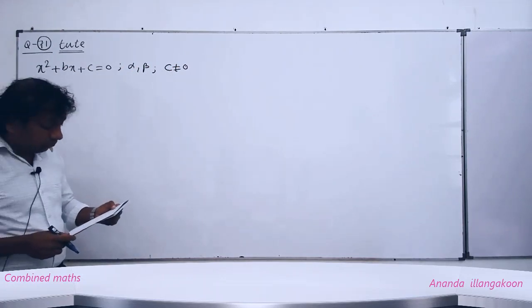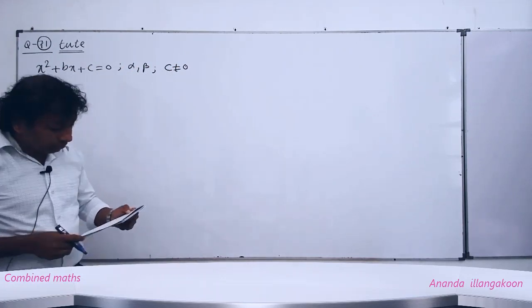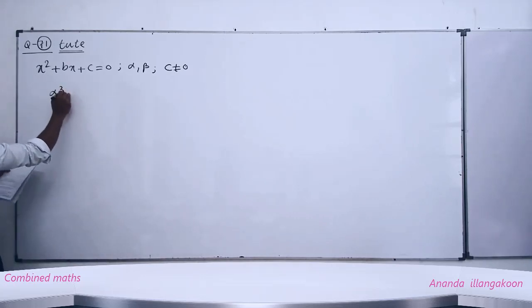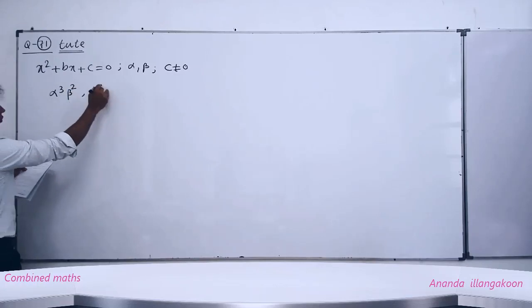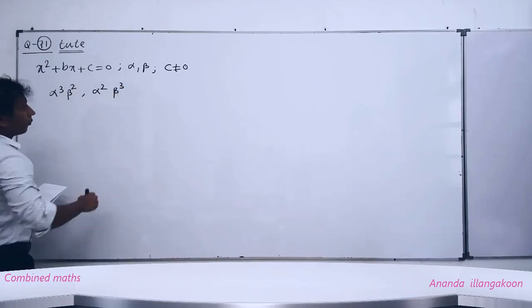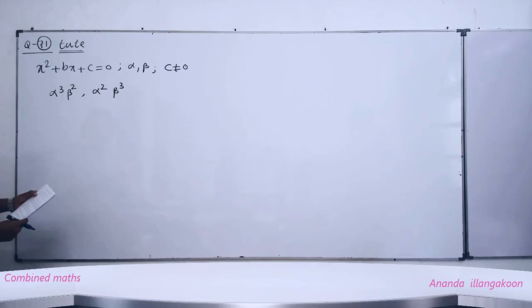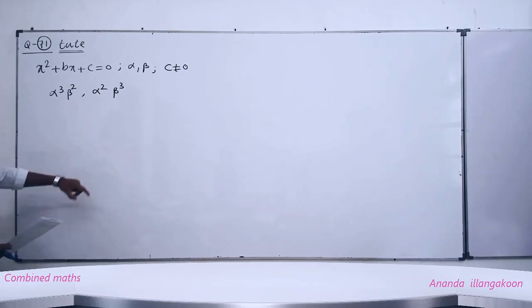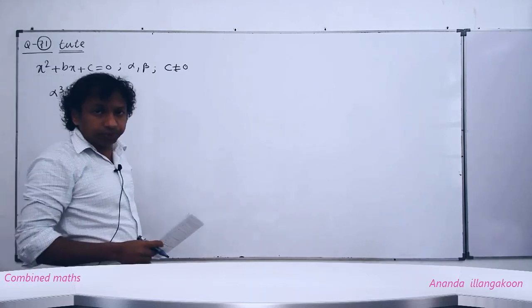Find the quadratic equation in terms of b and c whose roots are alpha cube beta squared and alpha squared beta cube. We need to find the quadratic equation. This and this, these two are its roots.